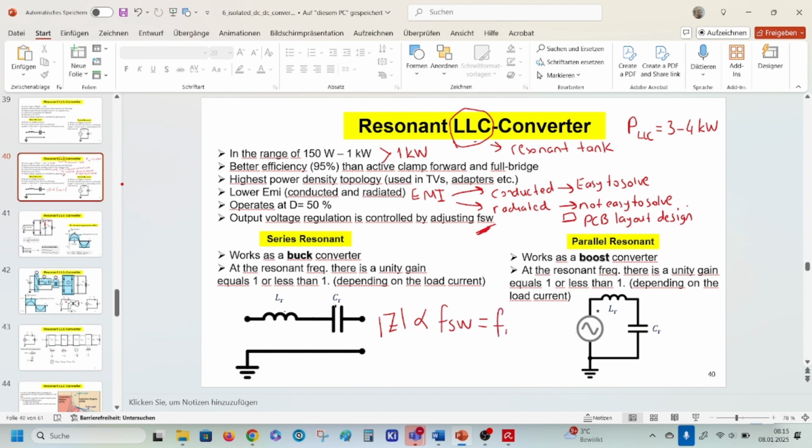Switching frequency should be equal to resonant frequency. This is my input side, and this would be the output side.